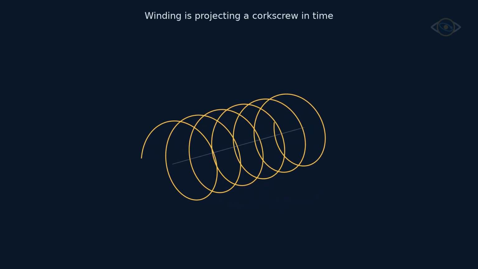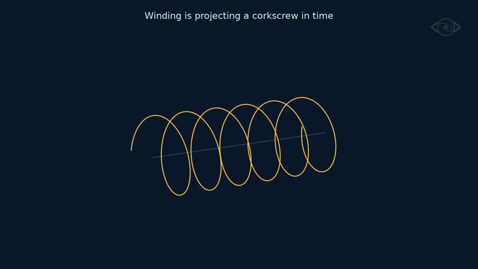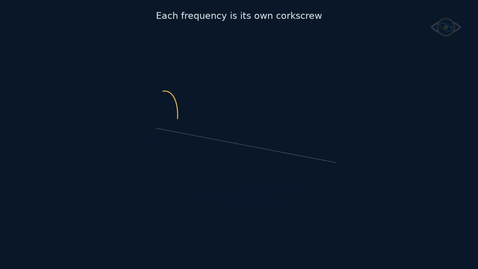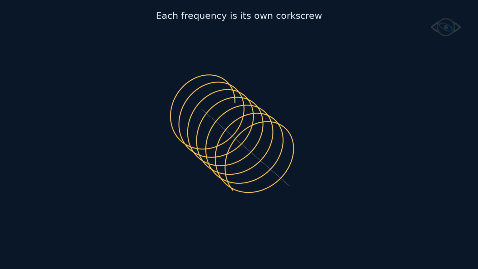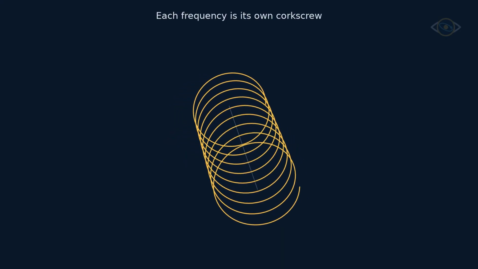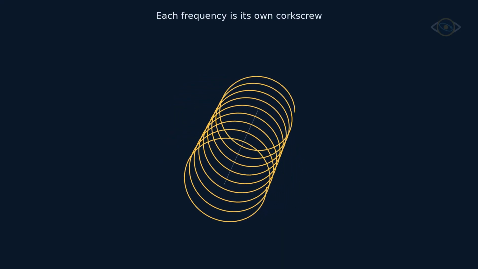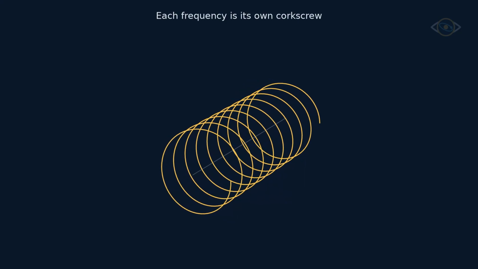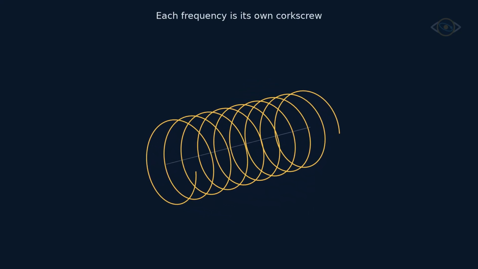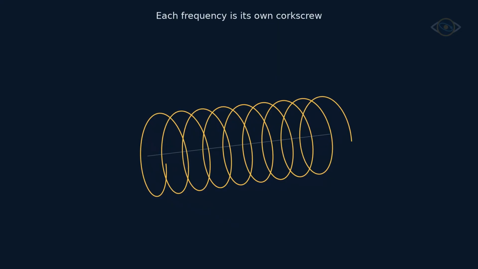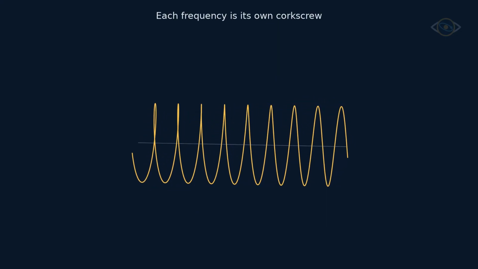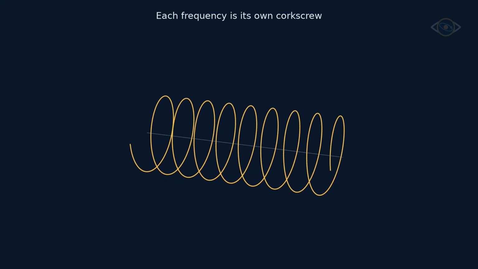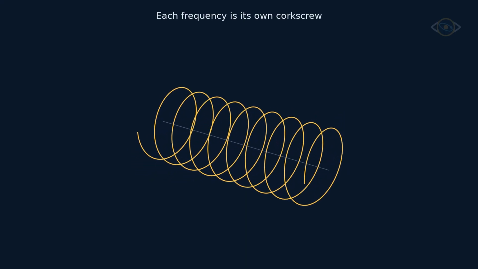That average is the center of mass you just watched. Speed the winding up, and the corkscrew coils more tightly, more turns packed into the same stretch of time. Every frequency is a corkscrew with its own tightness. So winding the signal is really asking, which of these corkscrews does my signal secretly line up with?